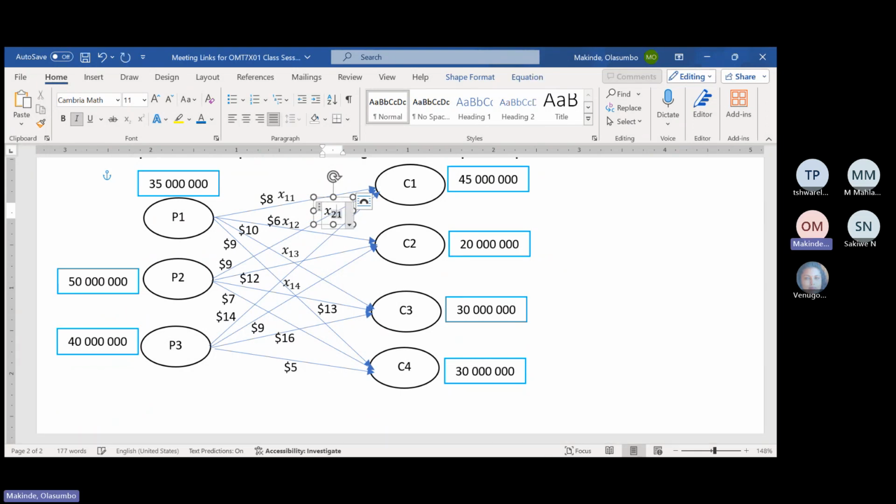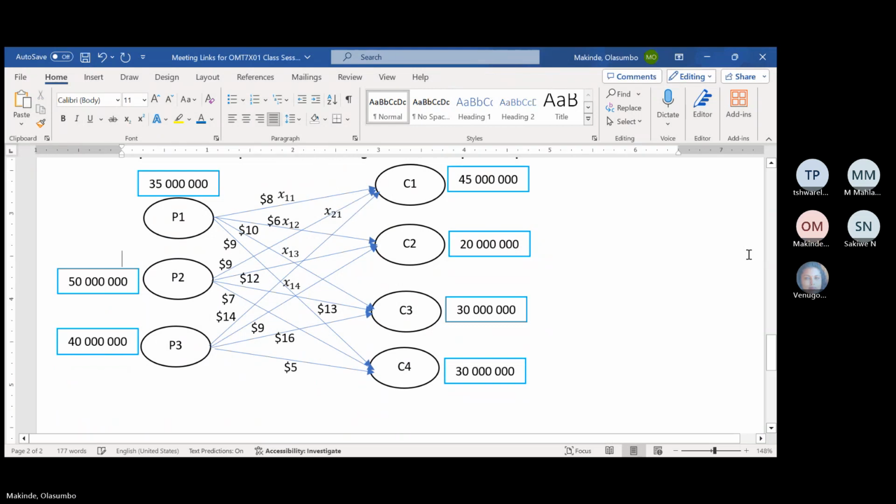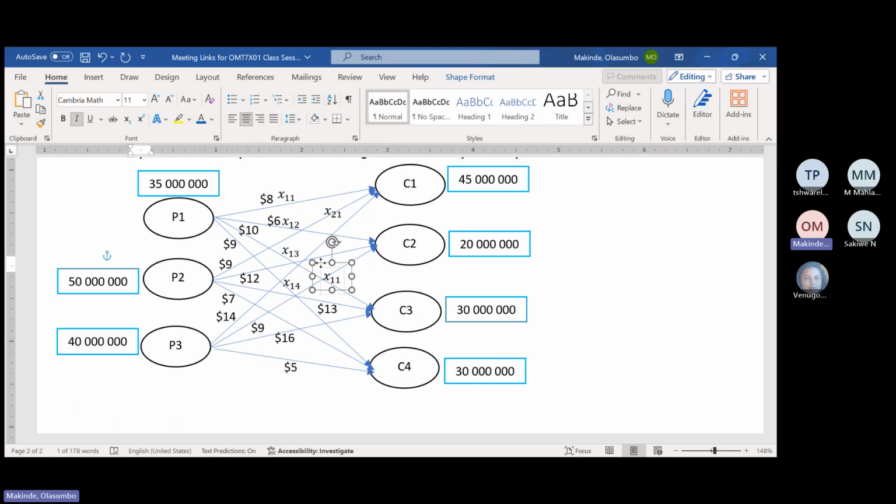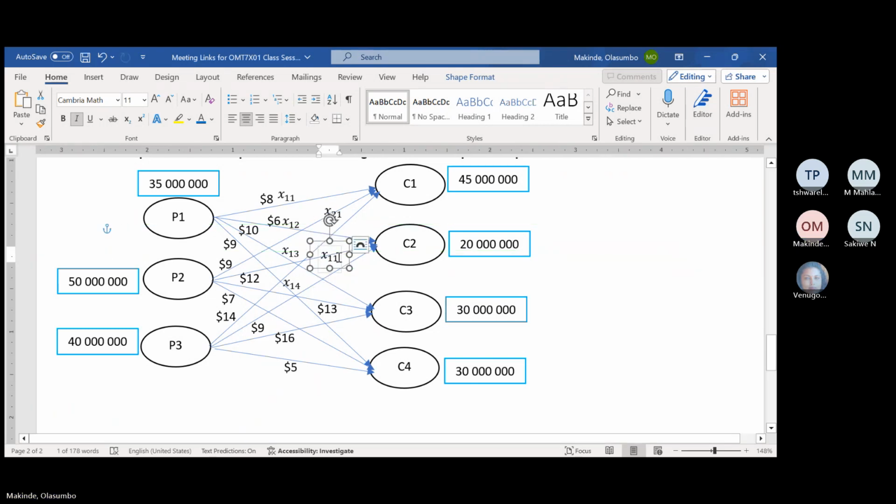So far I can see that it's talking to that arrow. Then X22. That's why this is a complex transportation problem, because you have to find all those variables. X22 is here.